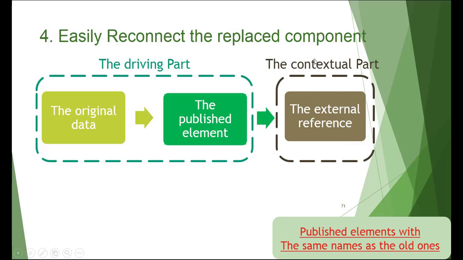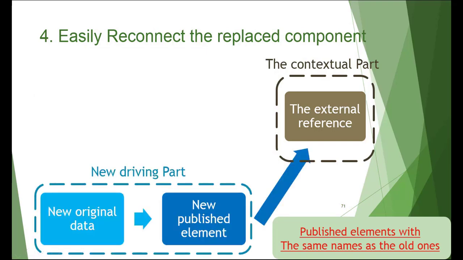And in this case, we apply the replacement on the contextual part. Now we'll see how to replace the whole driving part with a new whole driving part. A new driving part with new published element with new original data. And we will see how to replace a whole contextual part with new external references.